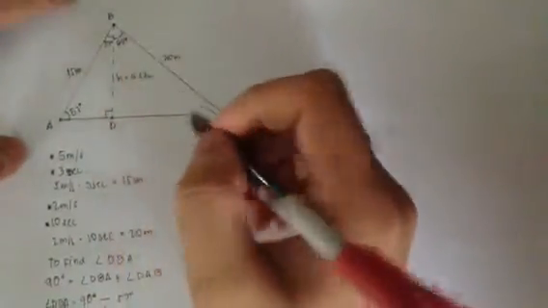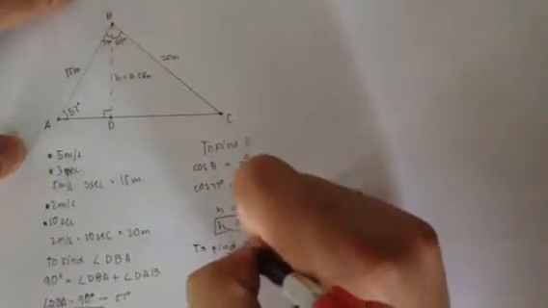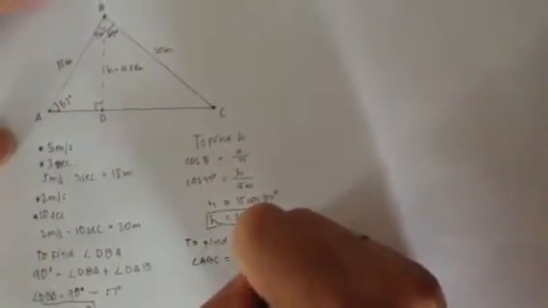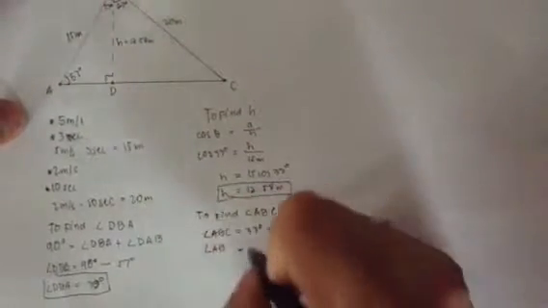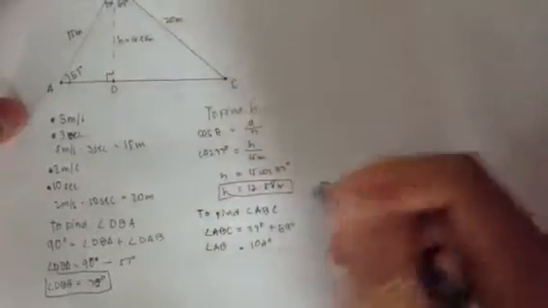So angle ABC would be equal to 33 degrees plus 69 degrees, and angle ABC is equal to 102 degrees.